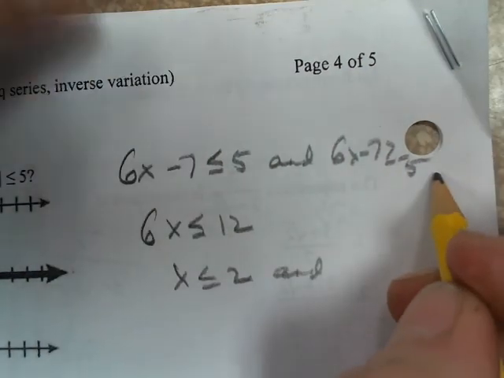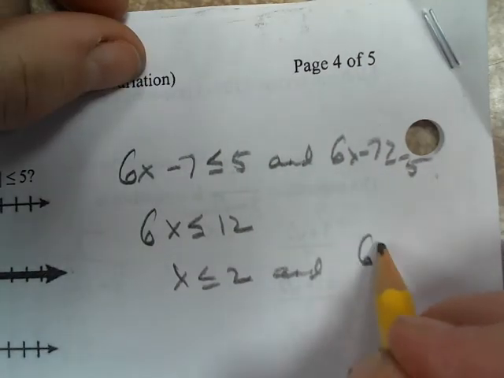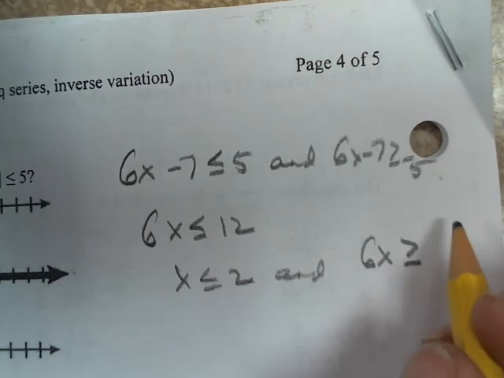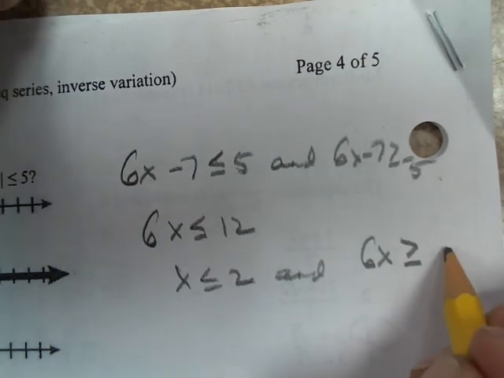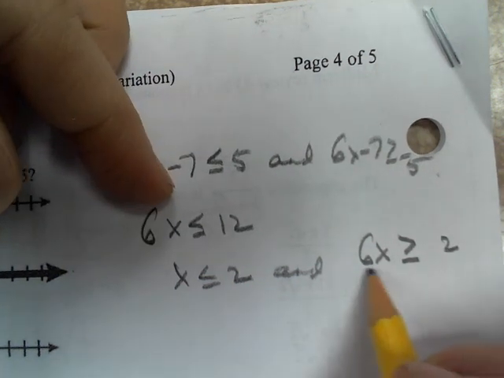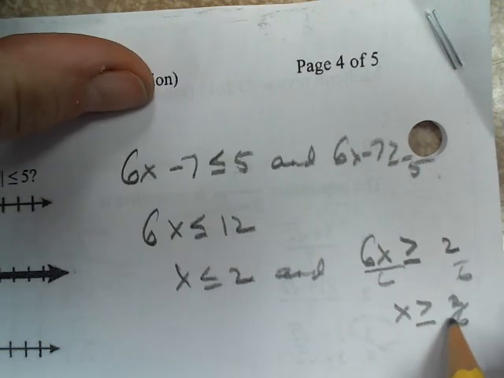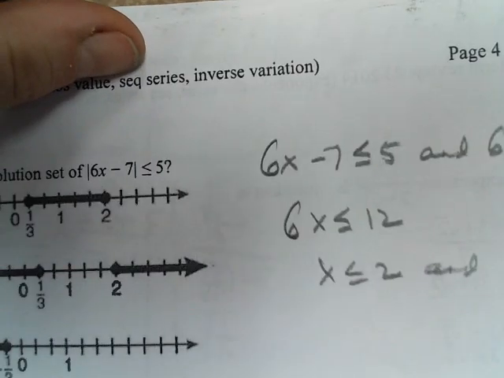And add 7 to negative 5, and you get 6x is greater than or equal to 2. And then you're going to divide both sides by 6. X is greater than or equal to 2/6, which is equal to 1/3, simplified.